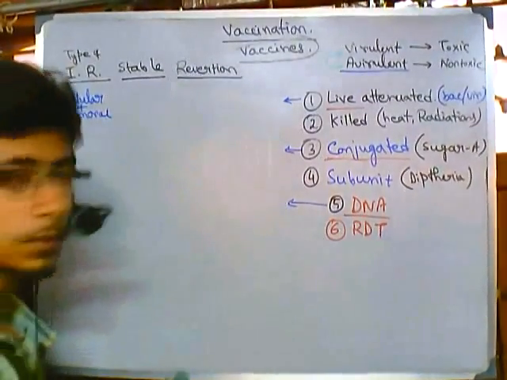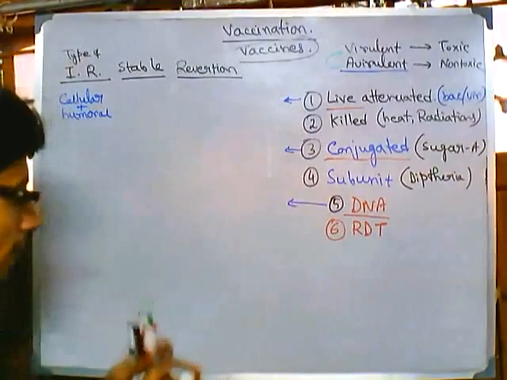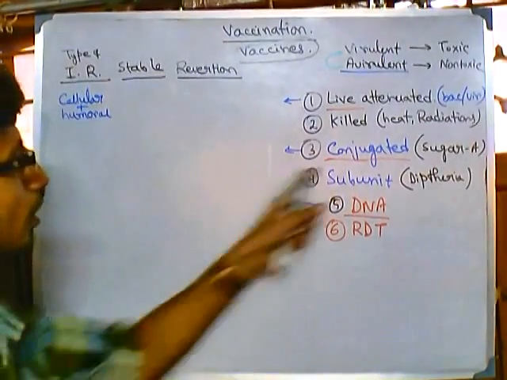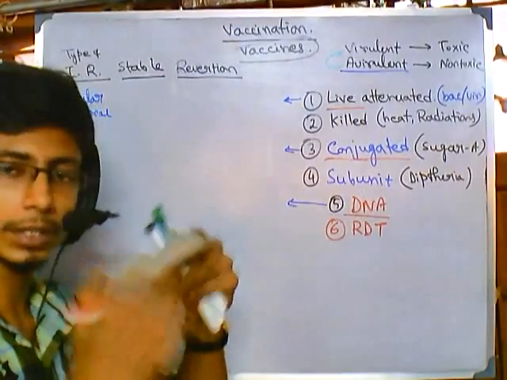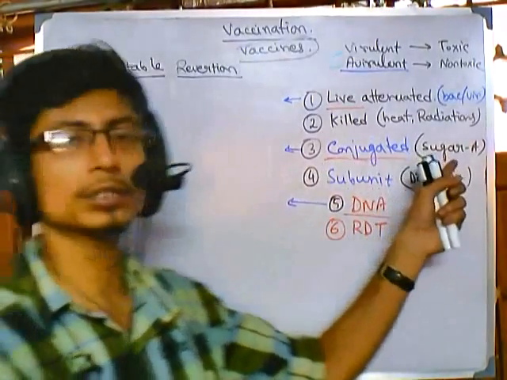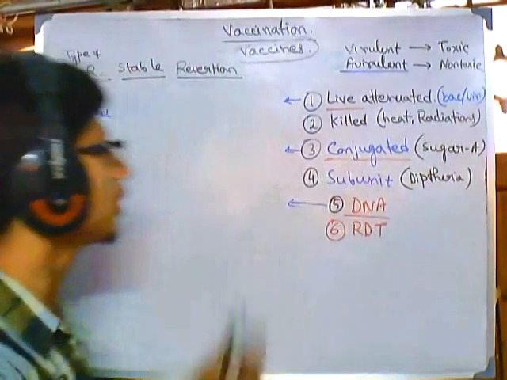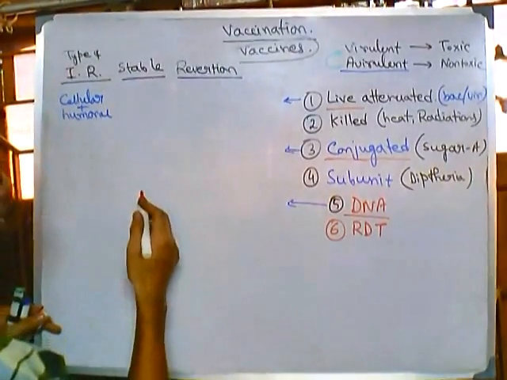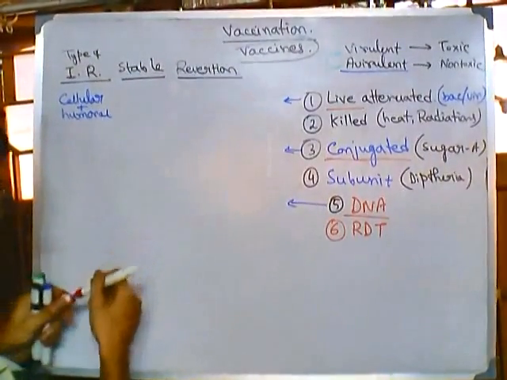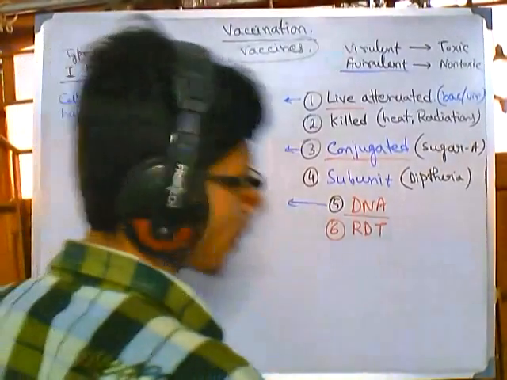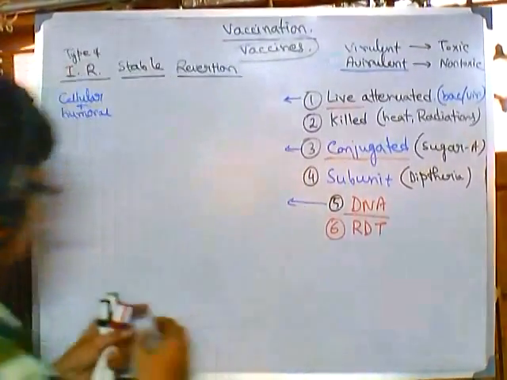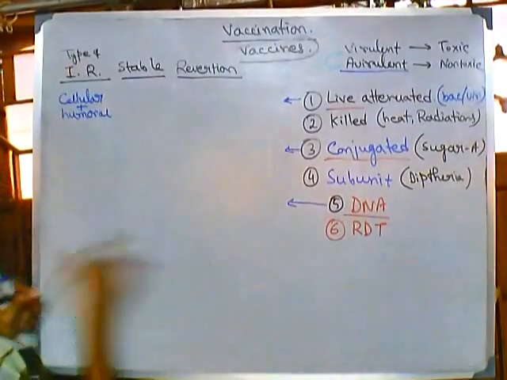But in case of the conjugated type, the antigen is conjugated with sugar residues and so on, and it is going to trigger the immune response using the humoral mediated system.